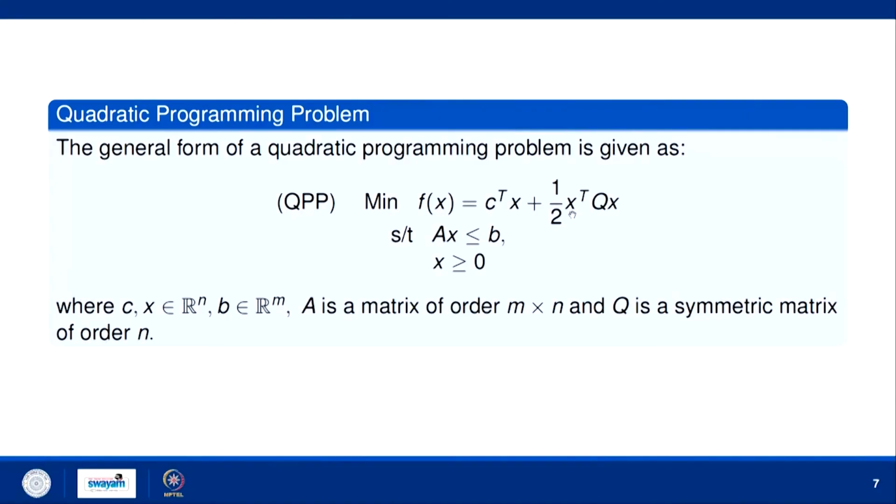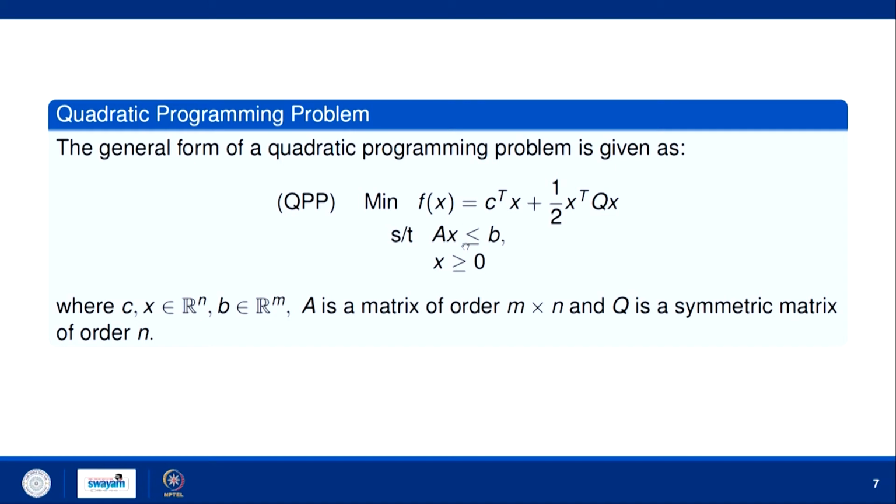So, before going ahead, let us first come to the quadratic programming problem. We have seen that in a quadratic programming problem, the objective function is quadratic and the constraints are linear.